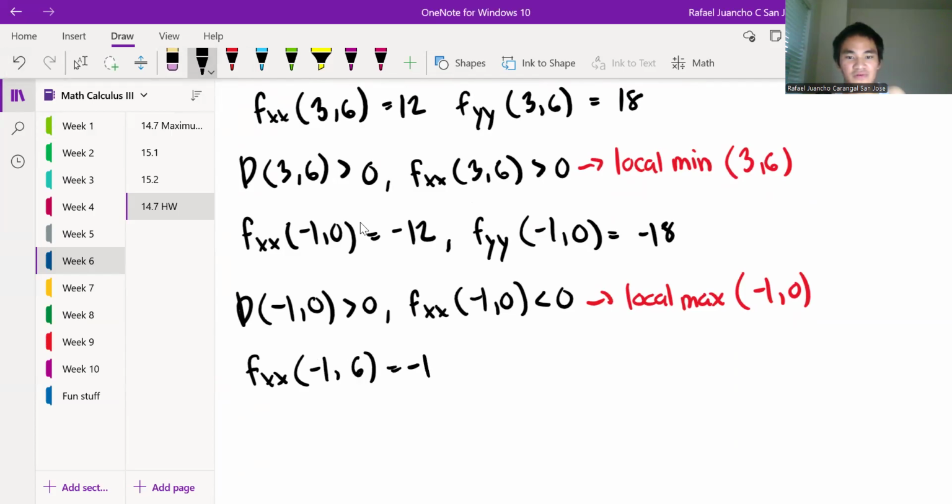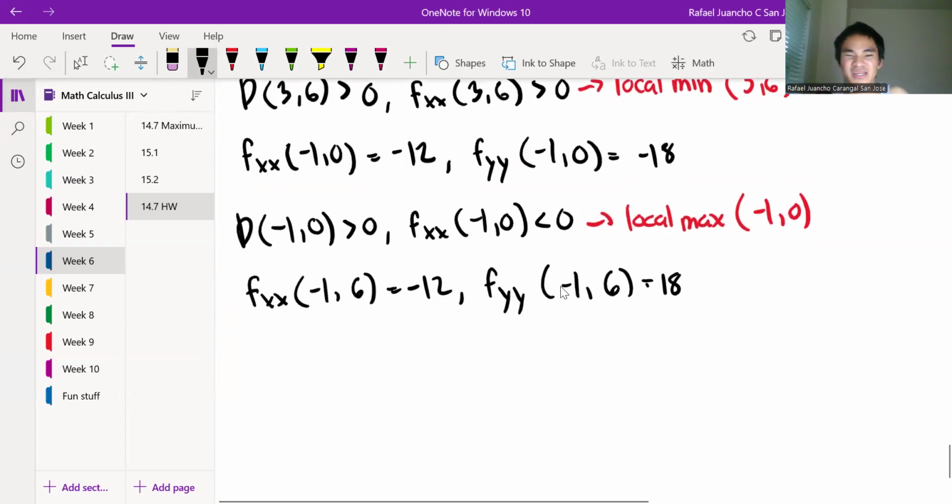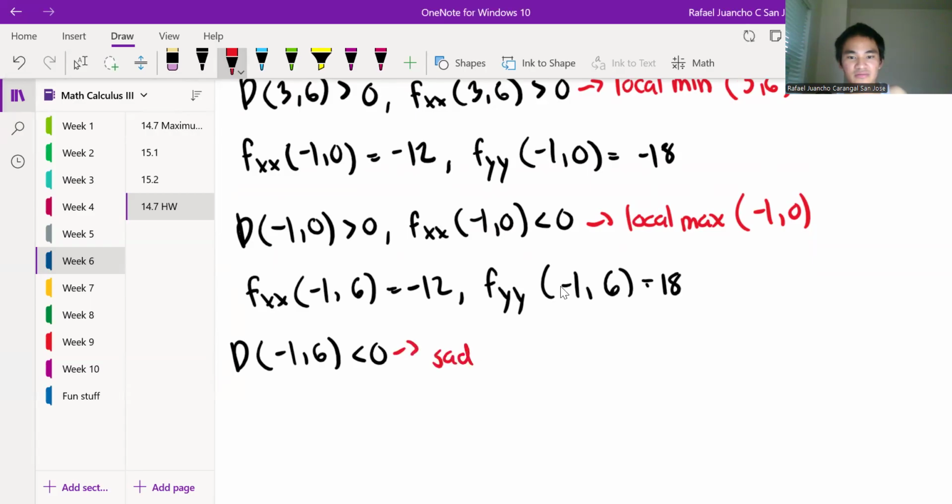So here, this is negative 12, because I know. Then my f sub y, this is negative 1, negative, or 6, my bad. 6, I know this is 18, because I already saw it here. And so this is negative. So this is immediately a saddle point at that point.